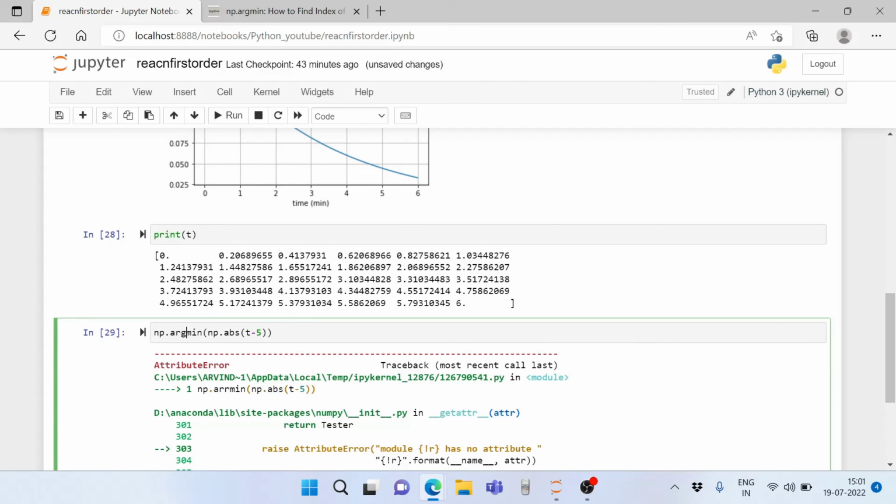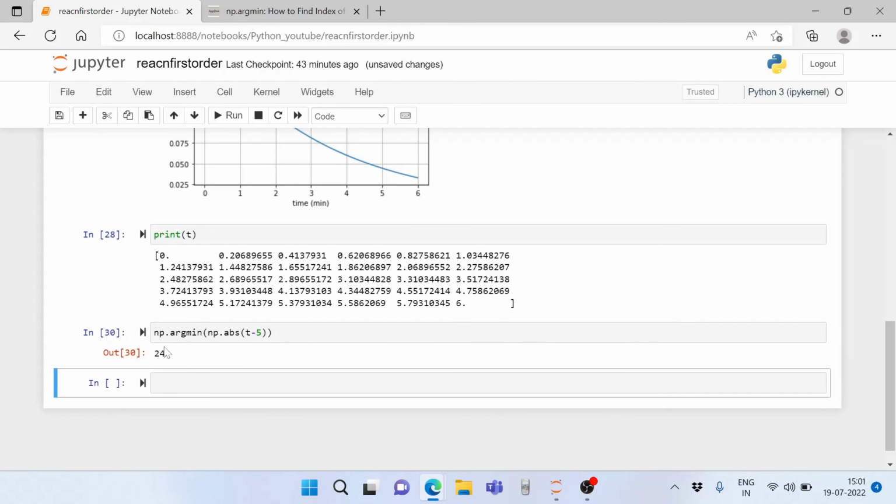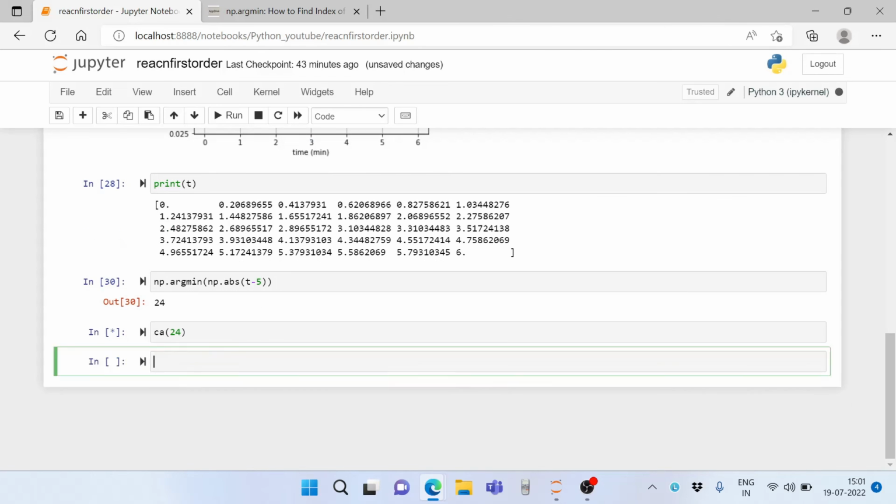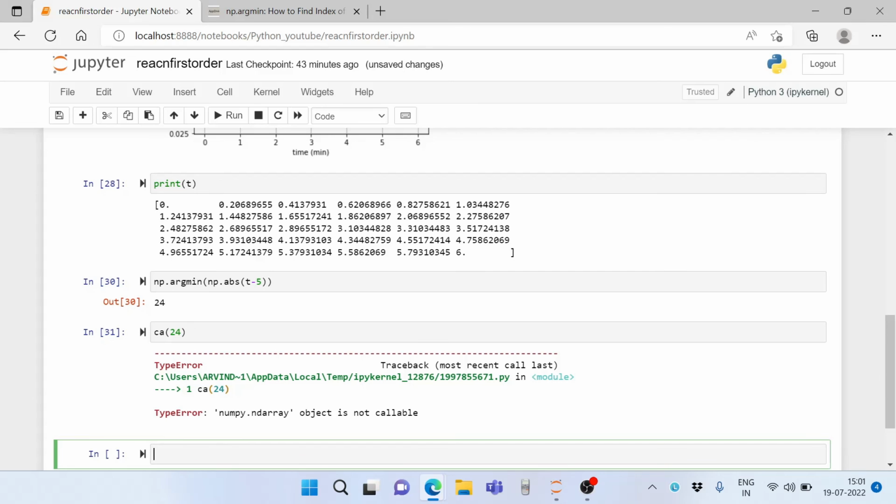That's argmin. So we get 24 as the index of the number which is closest to 5 minutes. Now we take CA and we just put this index number, and of course it should be in square brackets. So there we are.